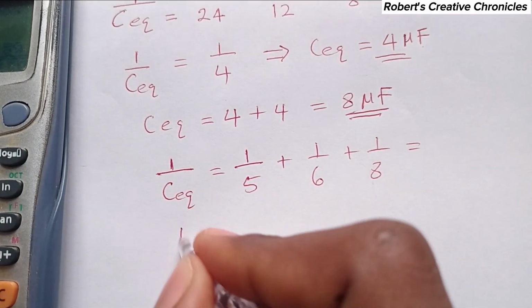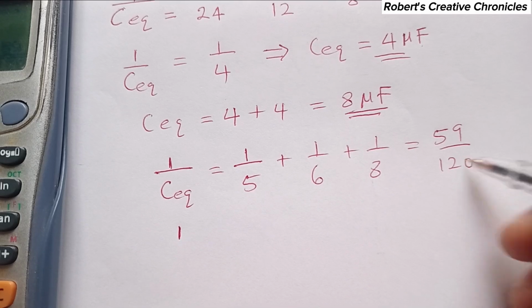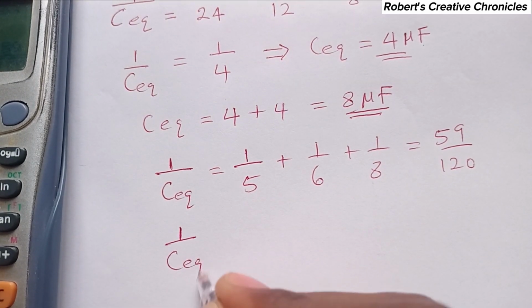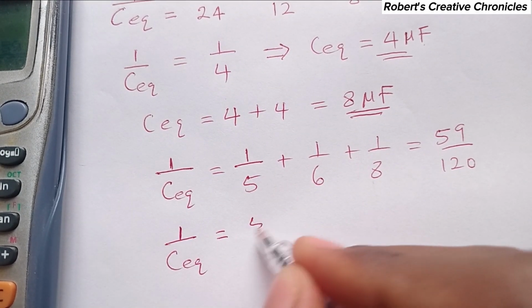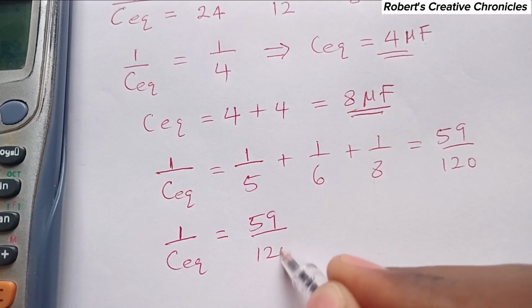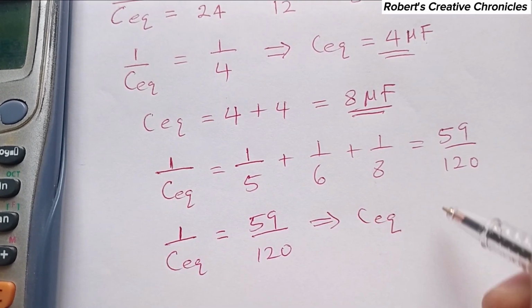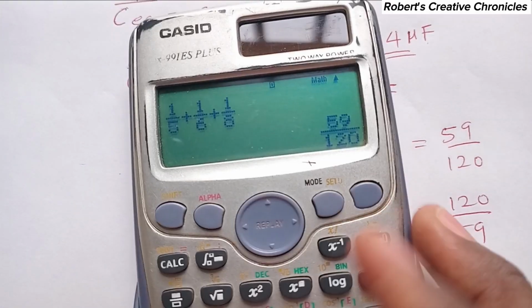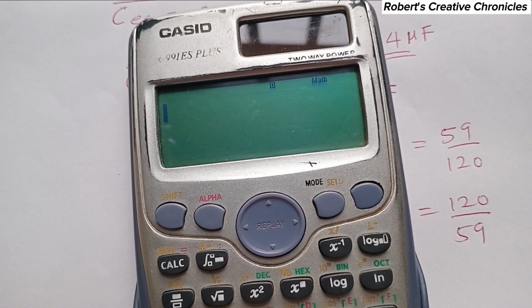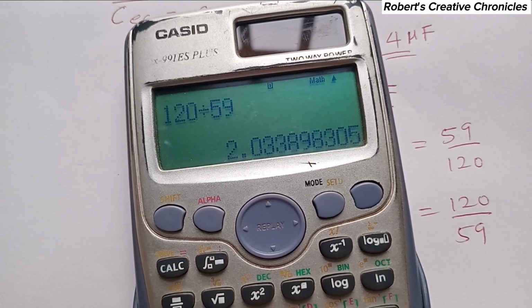So it's 59 over 120. So 1 over the equivalent capacitance is 59 over 120. If we take the reciprocal of both sides, we have the equivalent capacitance is 120 over 59, and we'll reduce it. 120 divided by 59 is 2.0.